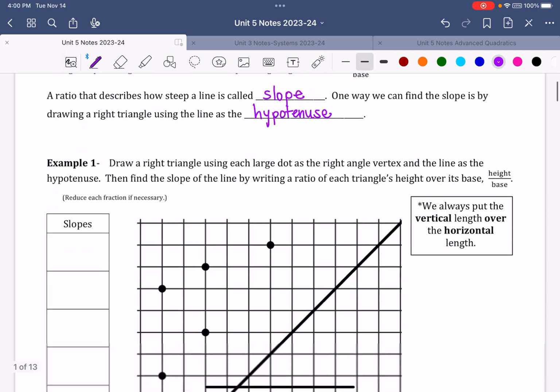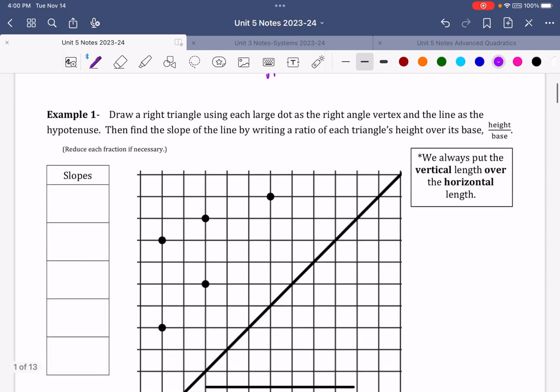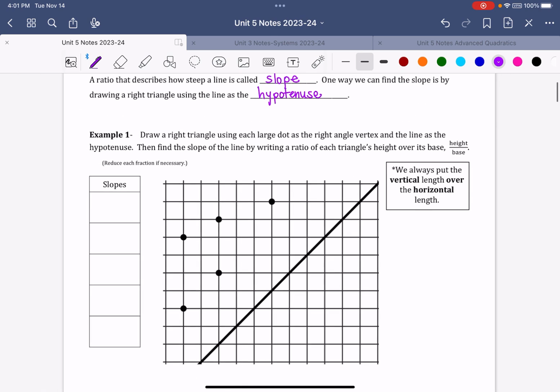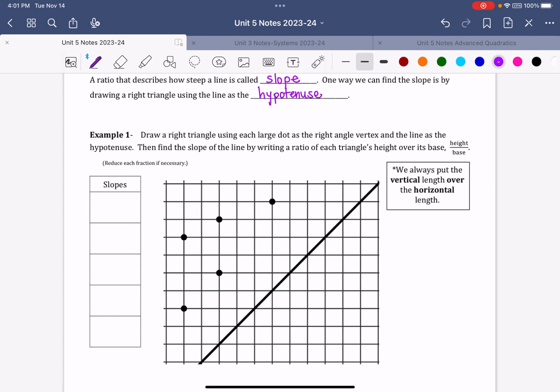Okay, so for example 1, it says draw a right triangle using each large dot as the right angle vertex and the line as the hypotenuse. Then find the slope of the line by writing a ratio of each triangle's height over its base. We always put the vertical length over the horizontal length. I'm just going to randomly pick some of these.